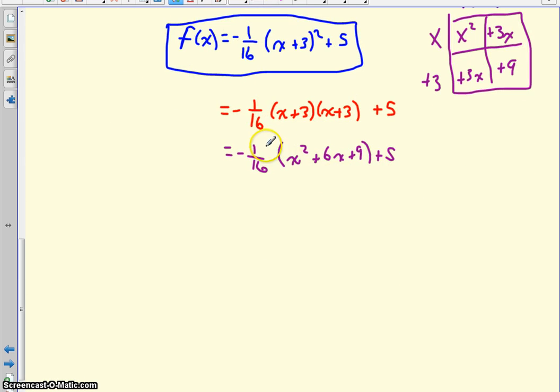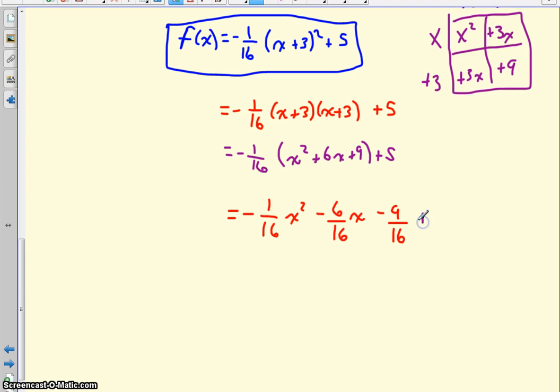I'm going to distribute -1/16 through this bracket through multiplication. I'm going to have -1/16 x squared. Okay, -1/16 times positive 6 is -6/16. I know that reduces. I'll reduce that on my next step. Okay, and then I have minus 9 over 16 plus 5.